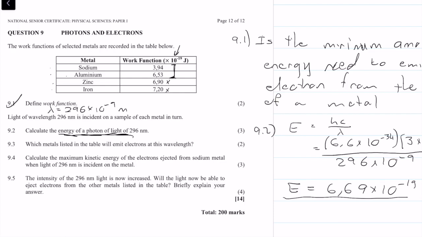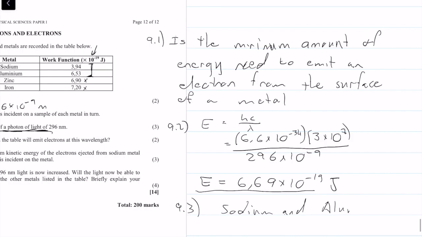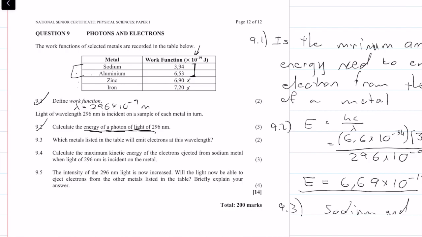We have enough energy because 6.69 is greater than 3.94, and similarly 6.69 is greater than 6.53. So there's sufficient energy to release electrons. Our answer for 9.3 would be sodium and aluminium. Cool stuff, and we get 3 marks and 2 marks.